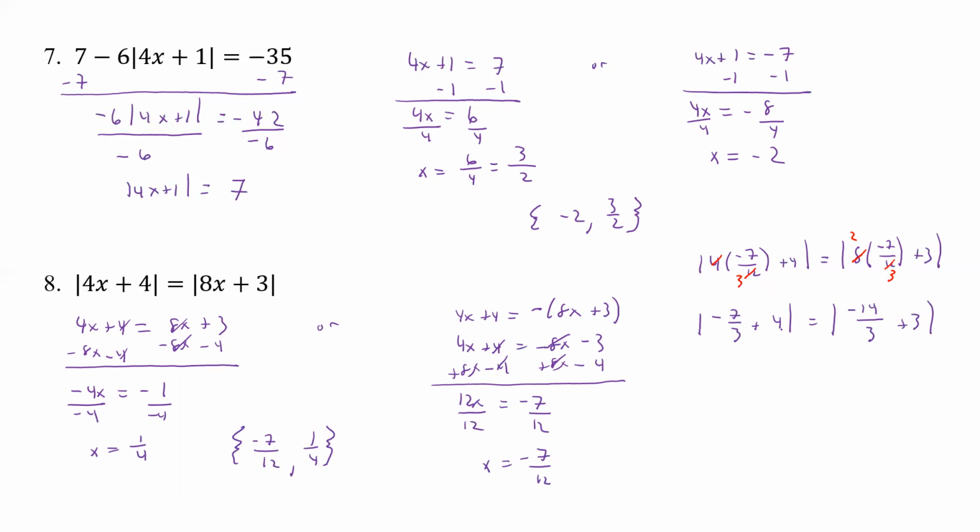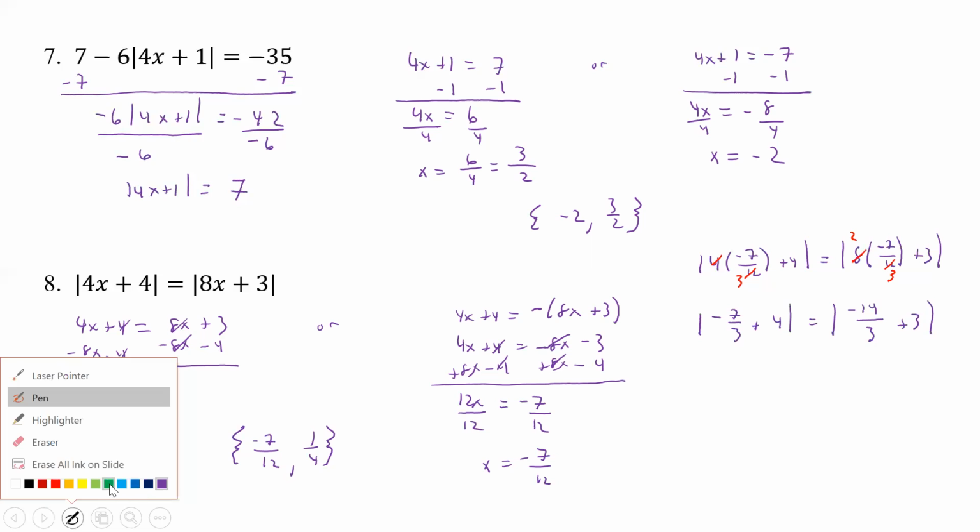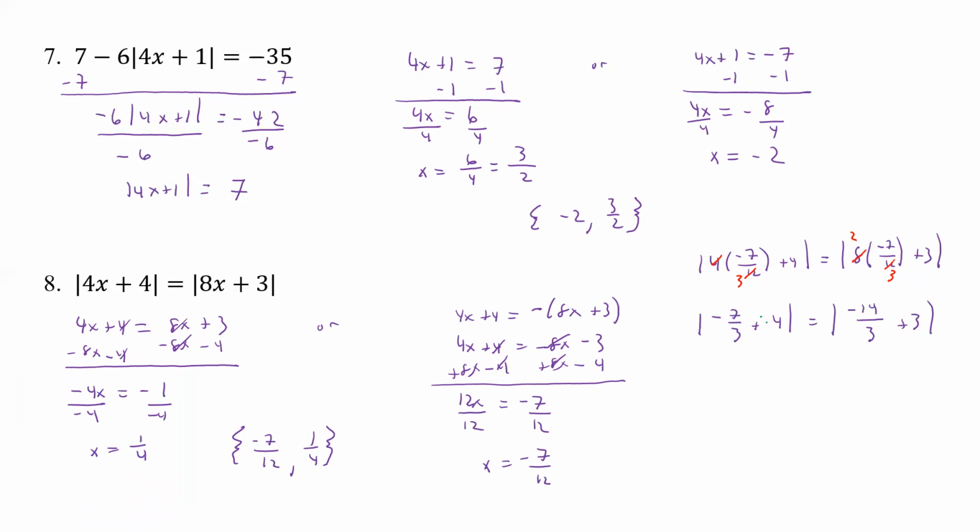Okay. Well, now we got to get a common denominator. So we have to multiply this one. Let's put a different color here so we know what we're doing. Let's multiply this by 3 over 3, and this one by 3 over 3. And so we get a negative 7 over 3 plus 12 over 3 equals, then we have a negative 14 over 3 plus 9 over 3.